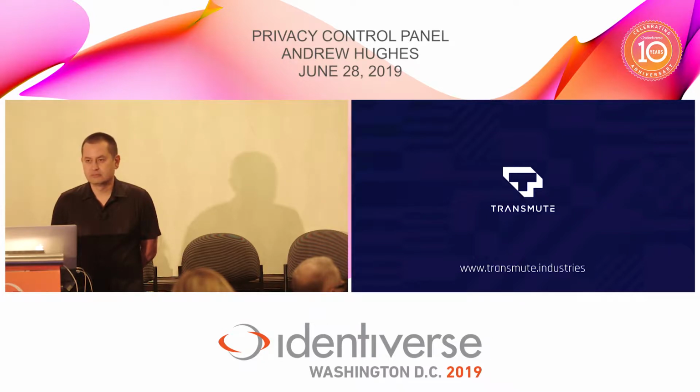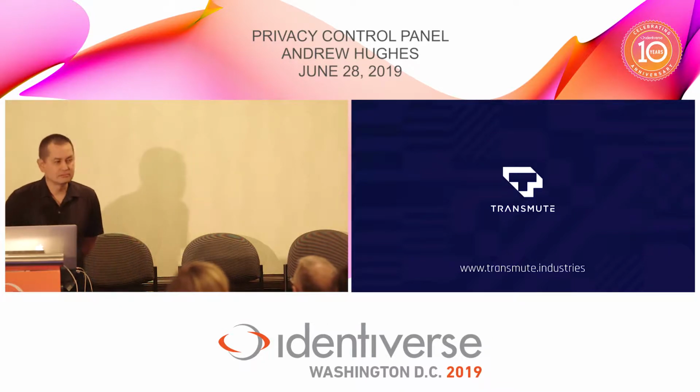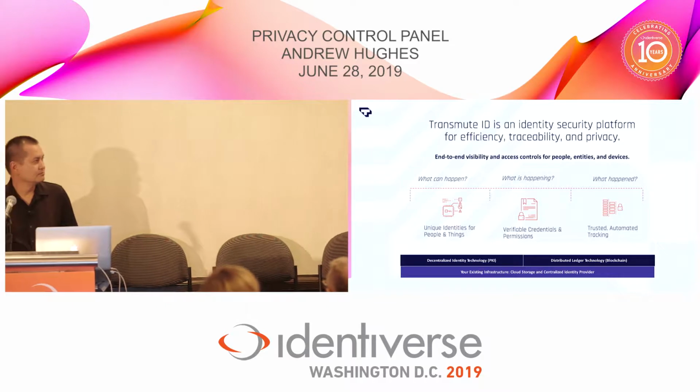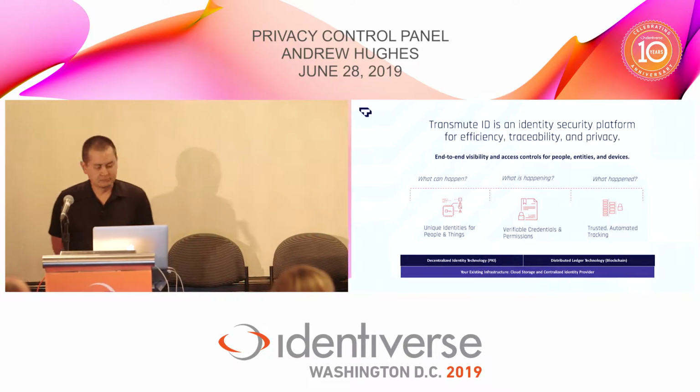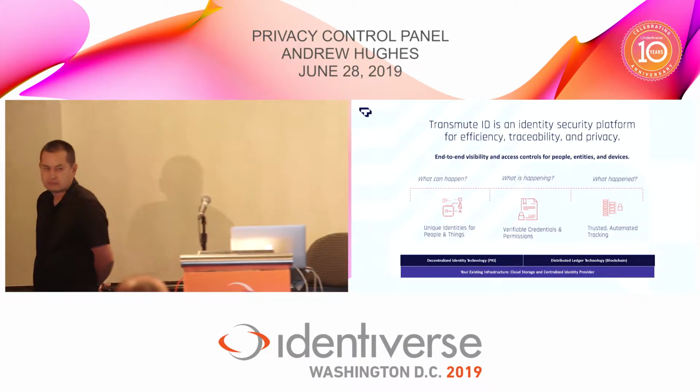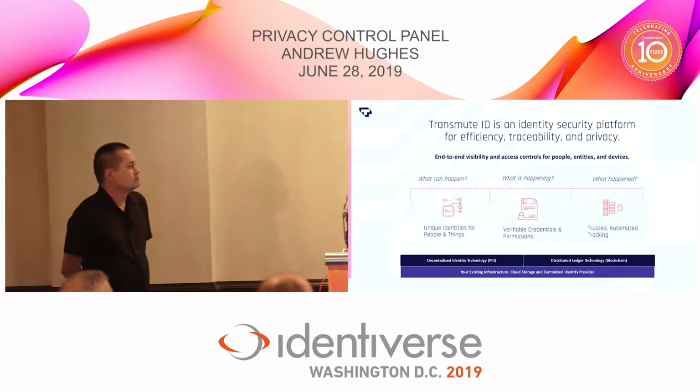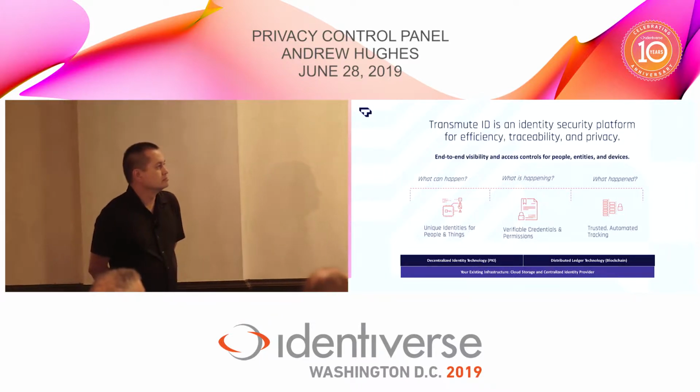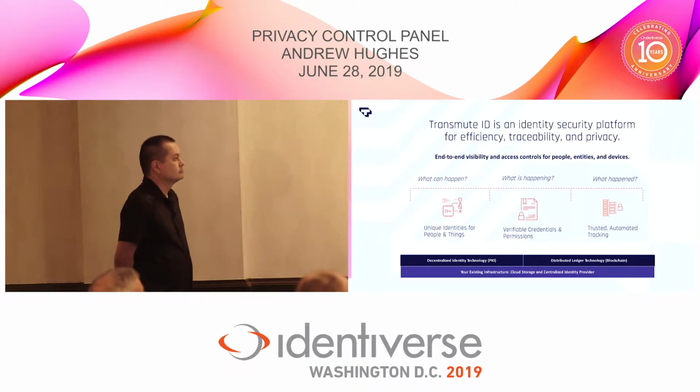Transmute is an identity security company based in Austin, Texas. We built Transmute ID, which is an identity security platform that improves efficiency, traceability, and privacy for companies working with distributed networks of vendors and partners. What we do is we create unique identifiers for people and things, and we tie those identifiers to verifiable credentials.